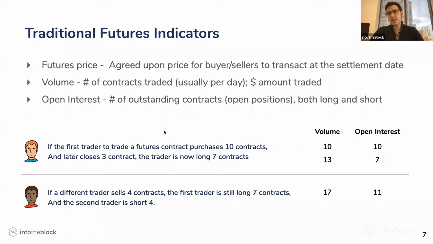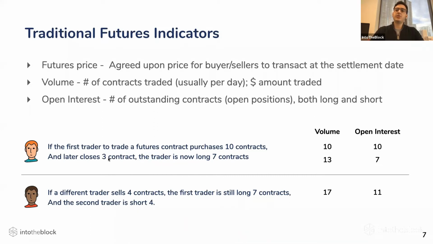For people who are maybe new to the space, this exercise is a good way to explain the difference between the two. Essentially, imagine that one trader purchases 10 contracts, then the volume increases by 10. That person is long 10 contracts, so their open position is 10 contracts, right?